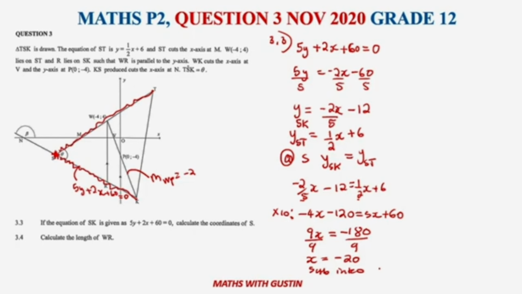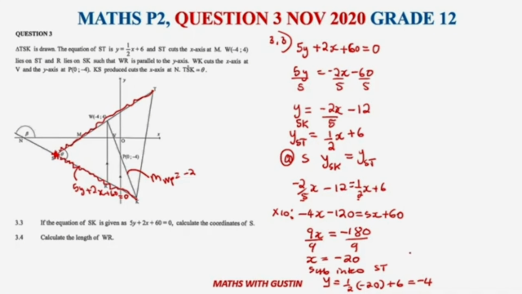I rather prefer to sub it into the equation of SK. No, ST rather. I'm saying SK, but I wrote ST. ST is going to be half times -20 plus 6, giving us a y value of -4.